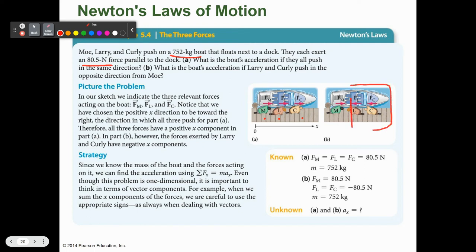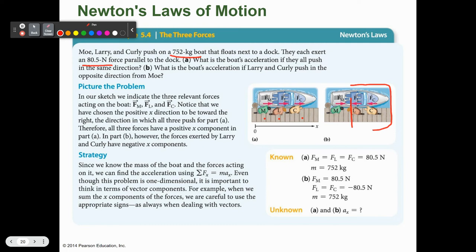Larry and Curly are pushing in the opposite direction of Moe. So the net force on that is actually going to be subtracting those out. Larry and Curly would be pushing in the opposite direction with a negative 80.5 newtons of force, and Moe would be pushing in the positive direction, which would be a positive 80.5 newtons.